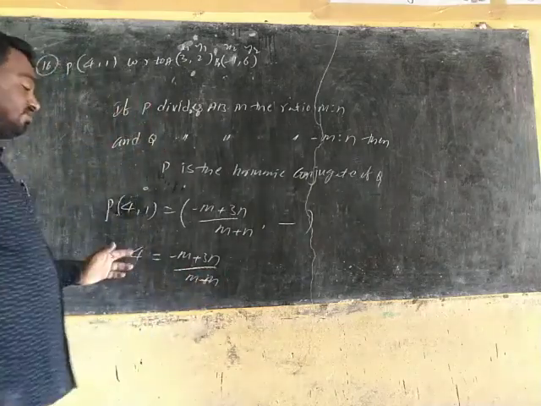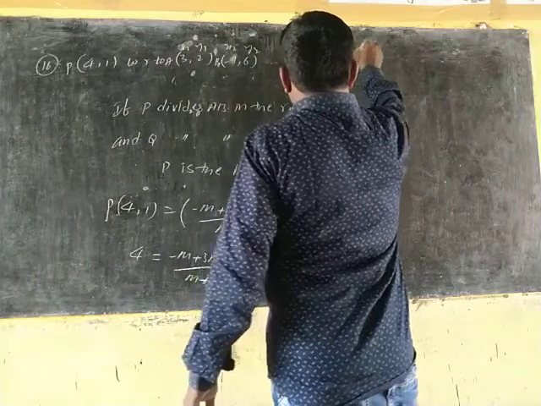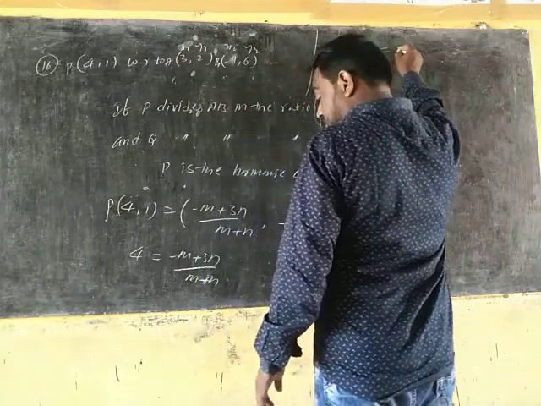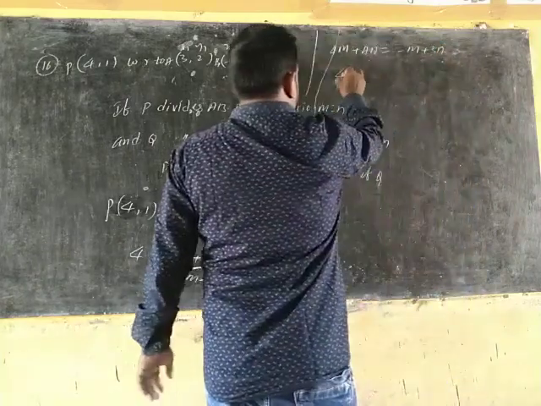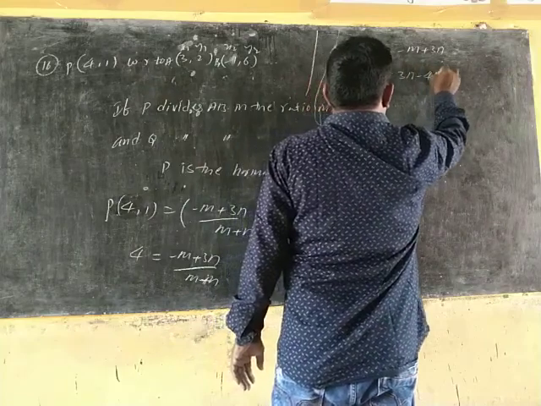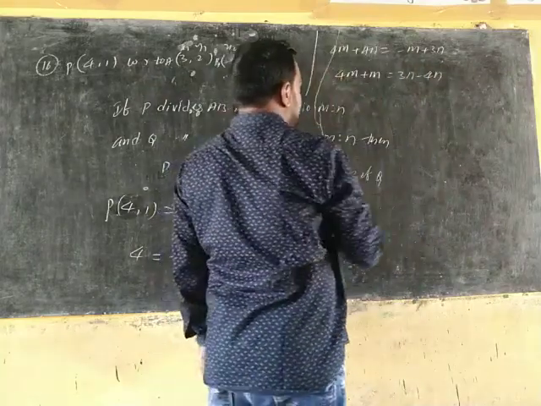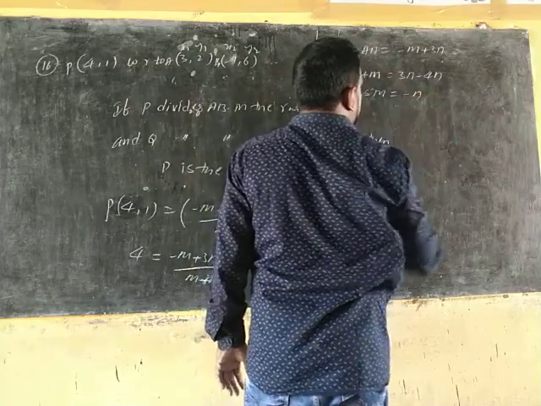Next, you do the cross multiplication. We are getting 4m plus 4n is equal to minus m plus 3n. 4m plus m is equal to 3n minus 4n. Next, this is 5m is equal to minus n.